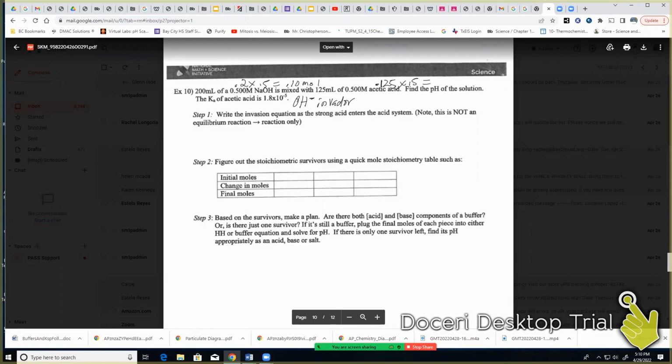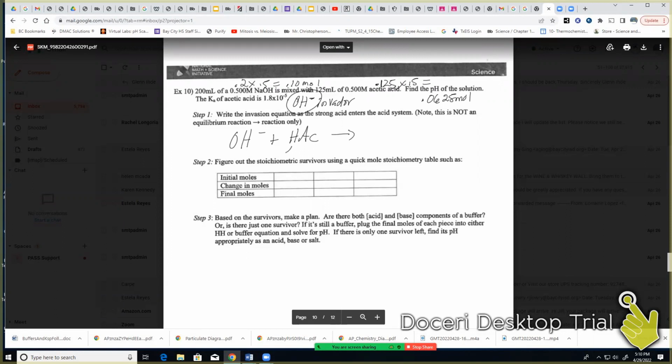Let's see, that one was 0.1, and I think this was the same as before, so 0.0625 moles. Yeah, that didn't change. All right, so I said my invader, because it's a strong base, is going to be hydroxide. And once again, the hydroxide is going to react with the intact acid.